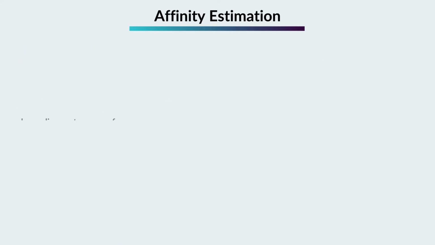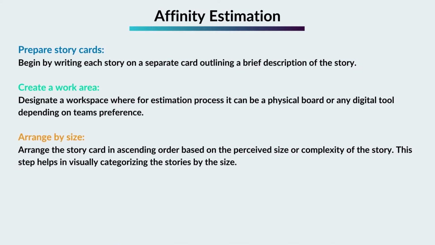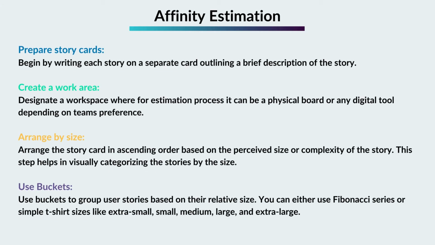Arrange by size. Arrange the story cards in ascending order based on the perceived size or complexity of the story. This step helps in visually categorizing the stories by size. Use buckets. Use buckets to group user stories based on their relative size.